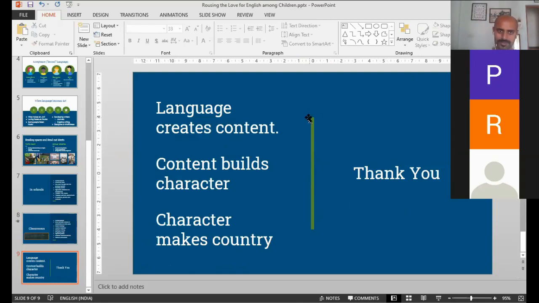So language creates content. Content builds character, and character makes country. How you think, how you read, what you learn, everything turns into content, and this content ultimately builds the character of that person, and several characters make a country.